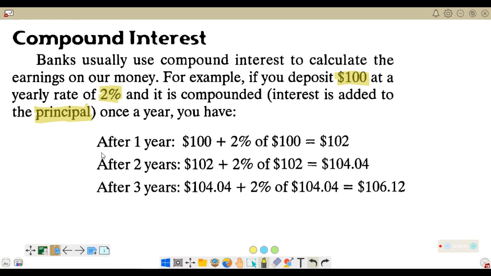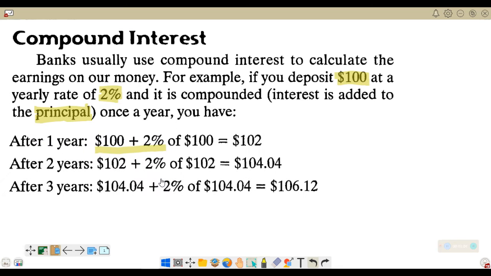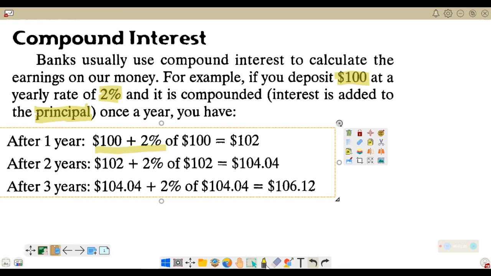So on year 1, take note, this is just on year 1, you will have $100 plus the 2% of your $100. Or in other words, let's write it here.